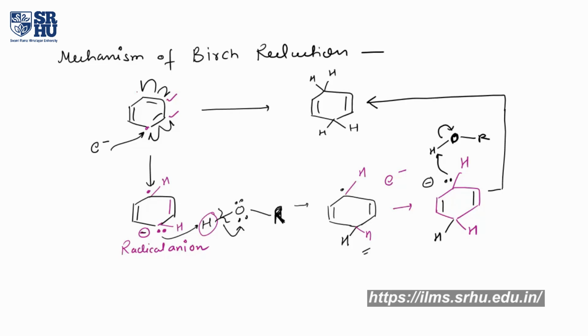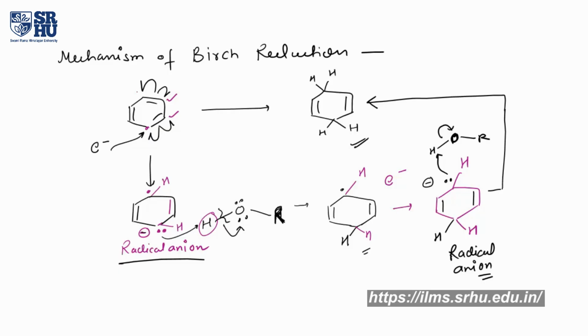So now you have understood that in Birch reduction we are having constant formation of radical anion over here and over here as well, and in the formation of radical anion followed by protonation, our product is formed. It never happens in Birch reduction that all of the double bonds are reduced.